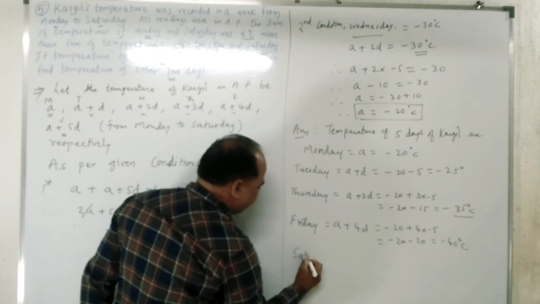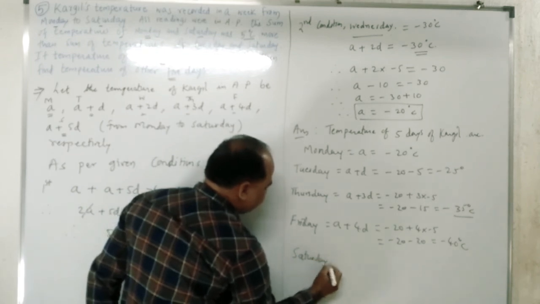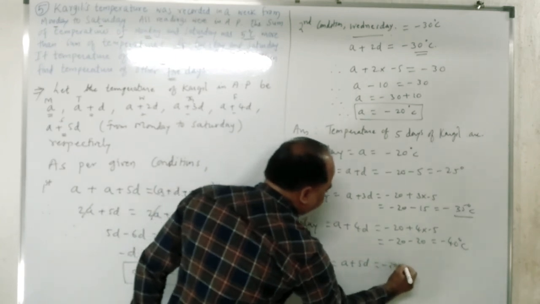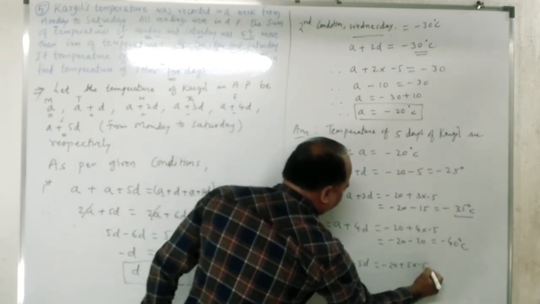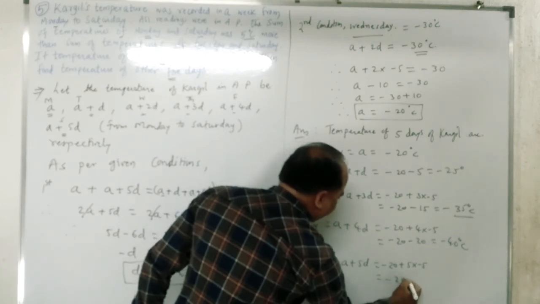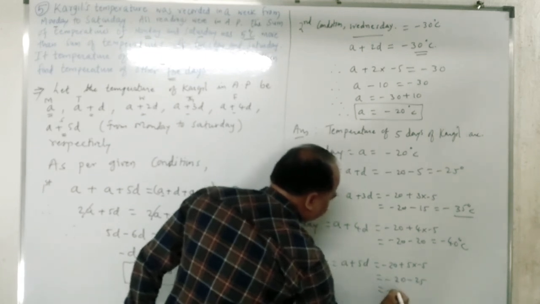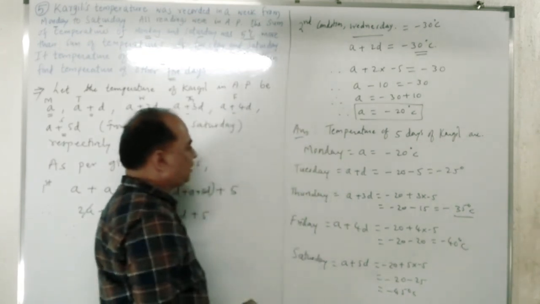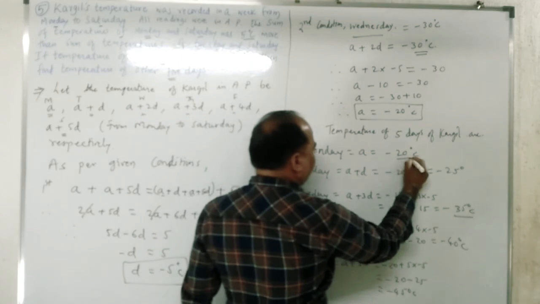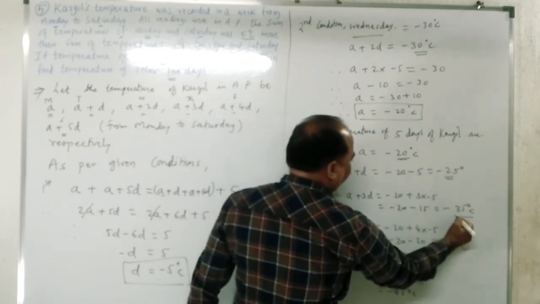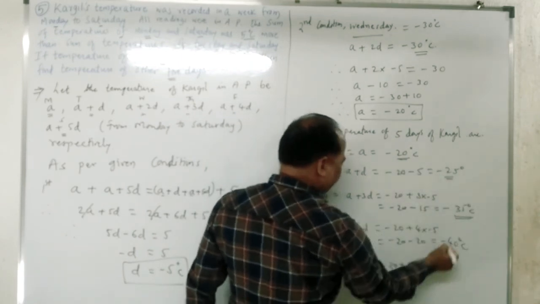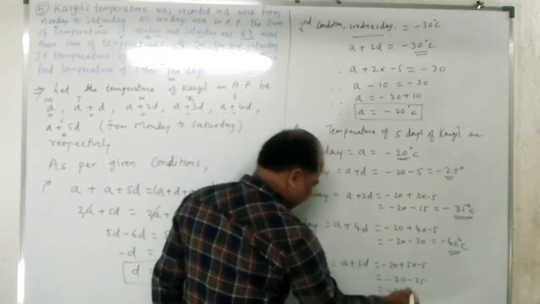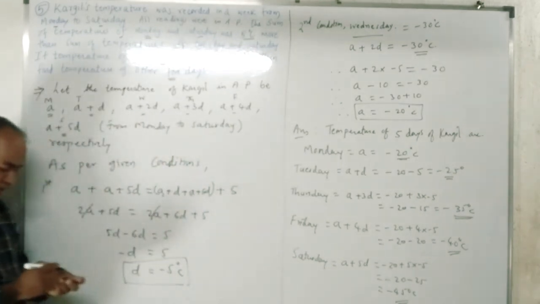And last Saturday, A plus 5D, that is minus 20 plus 5 into minus 5, which is minus 20 minus 25, which is minus 45 degree Celsius. So temperature of Kargil of remaining days will be Monday minus 20, Tuesday minus 25, Thursday minus 35, Friday minus 40, and Saturday minus 45 degrees Celsius.